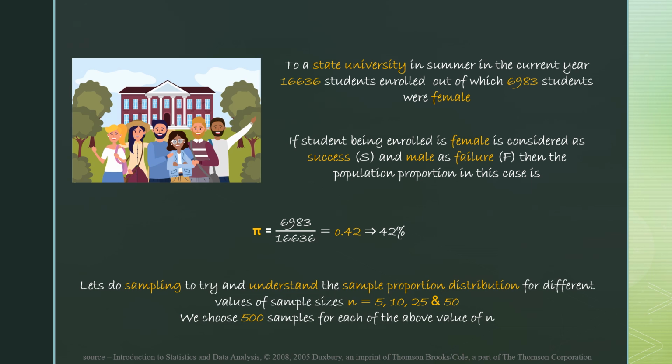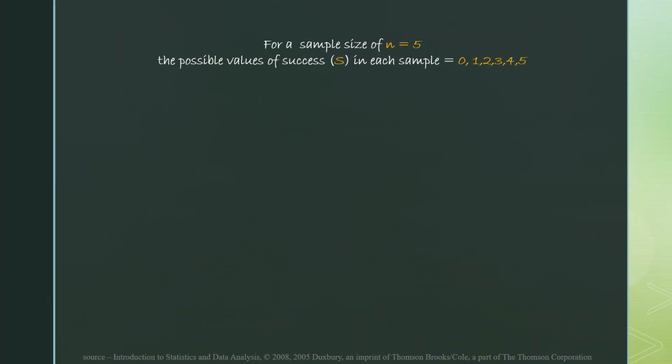Let's do sampling to try and understand the sampling proportion distribution for different values of sample size n: 5, 10, 25 and 50. We choose 500 samples for each of the above values of n. For a sample size of n equals 5, the possible values of success S in each sample are 0, 1, 2, 3, 4 and 5.